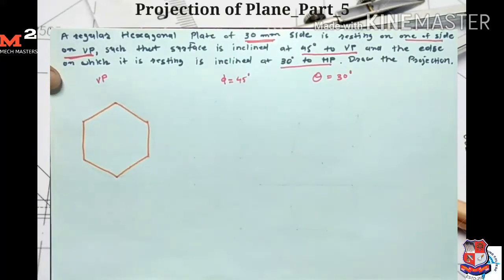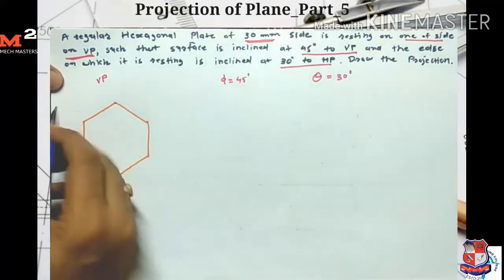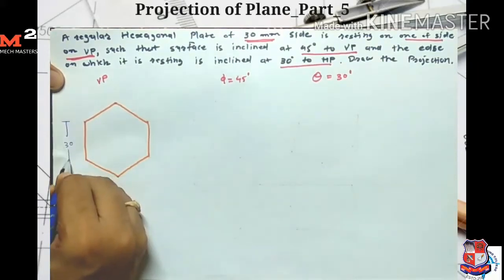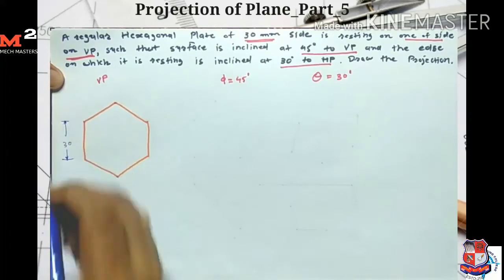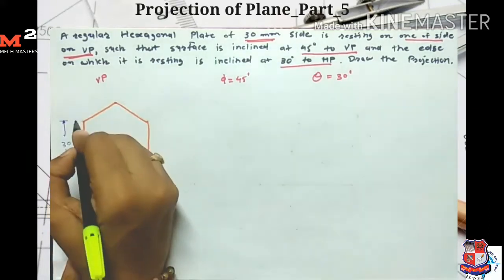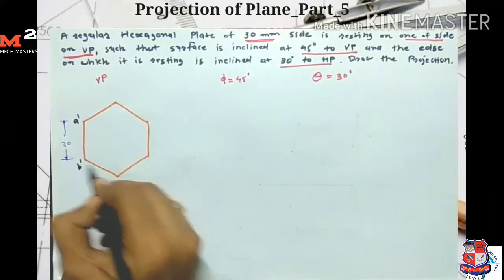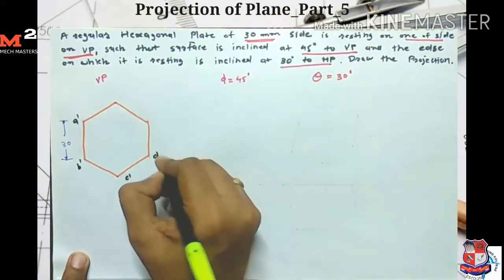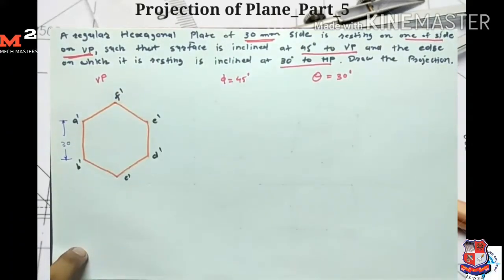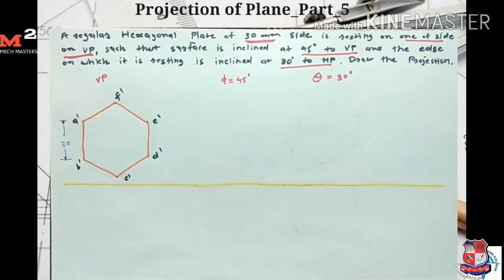This side is 30 mm. So I give the names A dash, B dash, C dash, D dash, E dash and F dash. In this way I complete the front view.